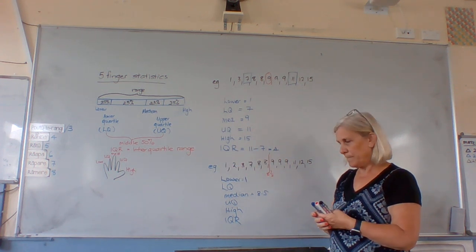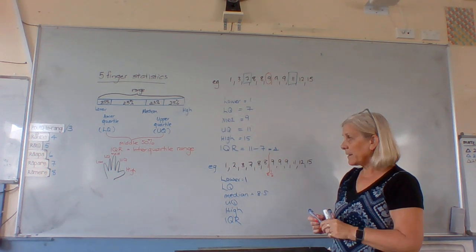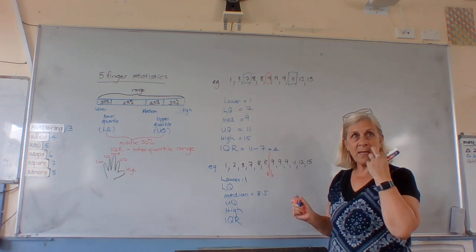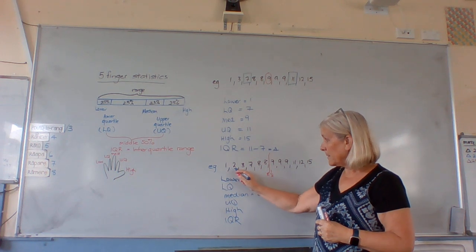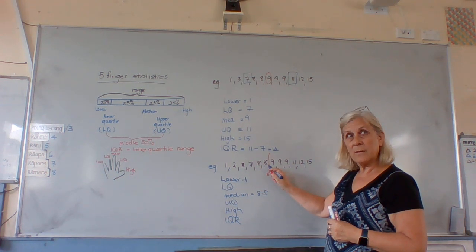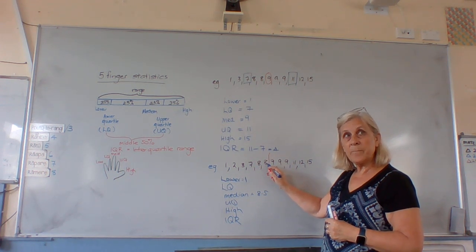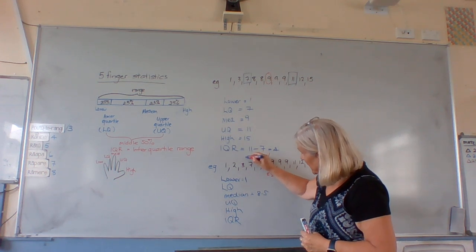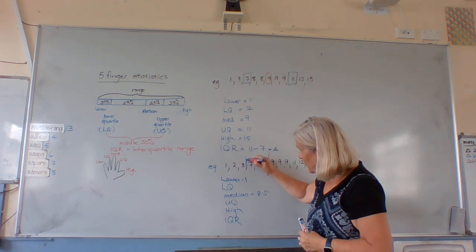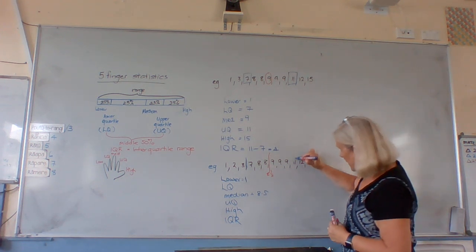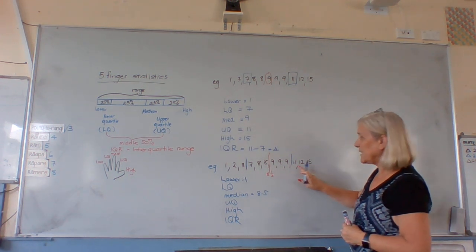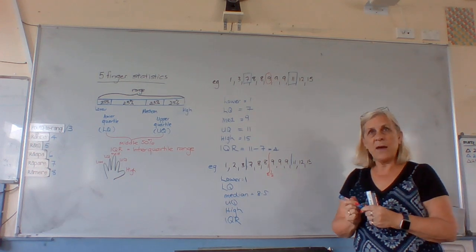Where will the median be? Between 3 and 7. Halfway between 3 and 7, and up here it will be between 9 and 11. That one's easy to find. That one is 10.